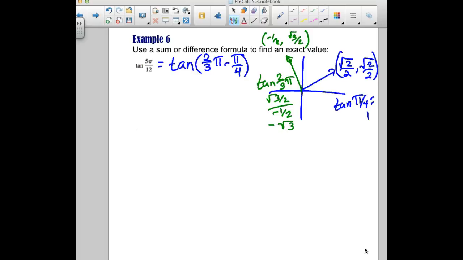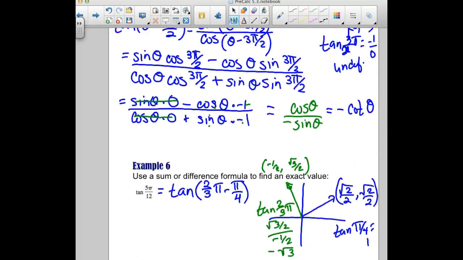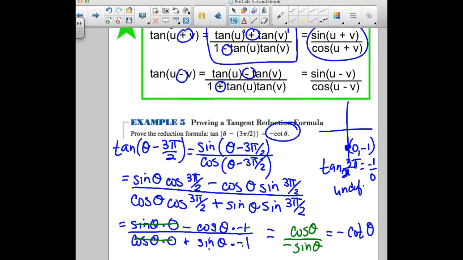Okay, so now we can substitute our values in. Because tangent is defined here for both angles, we really don't have to convert this into sines and cosines. We can go ahead and use our tangent version. It is a tangent of a difference, so we are going to be using this formula on the bottom here.